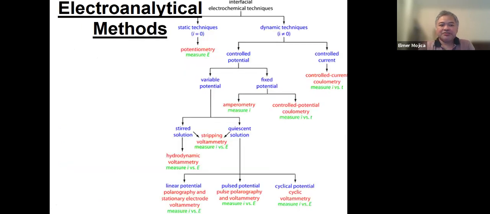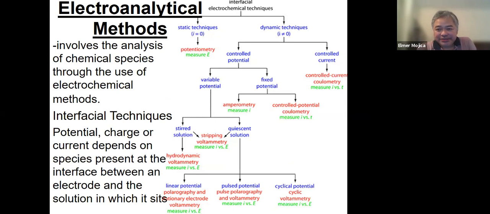Now, if you look at the electroanalytical methods, there are many of them, and I tabulated and summarized all of them here.